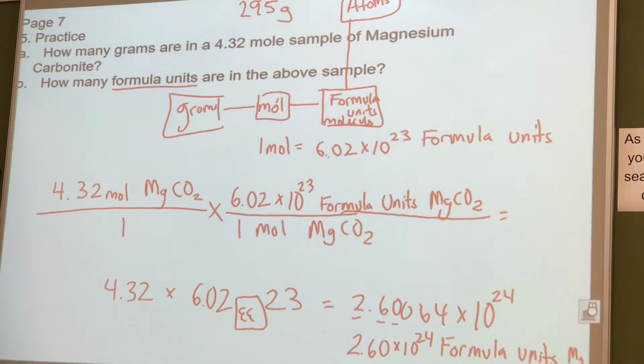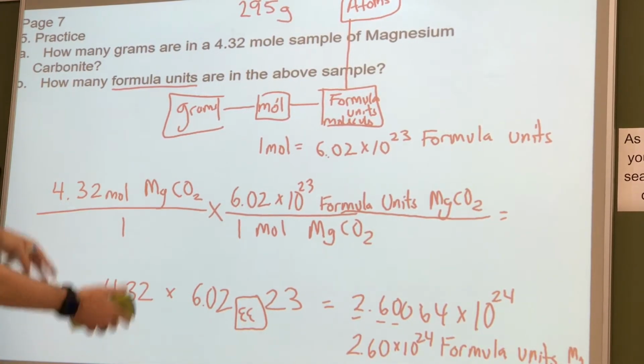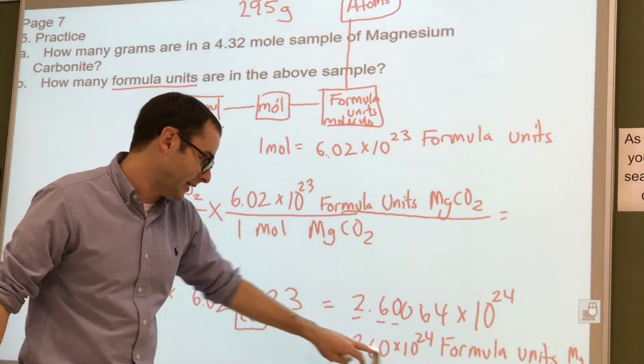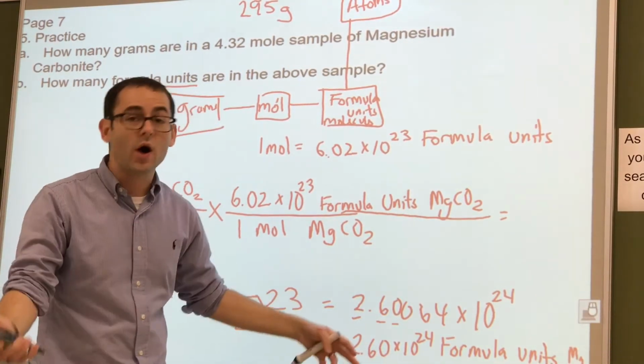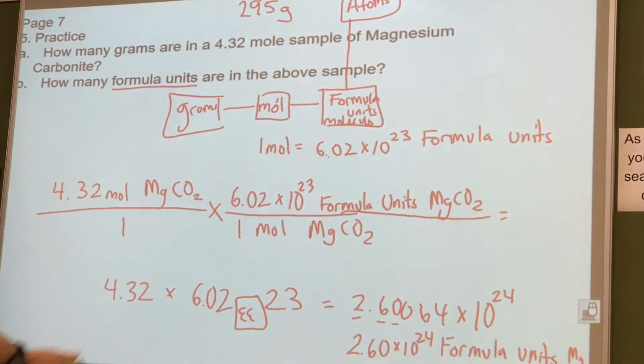Your answer may be slightly different just because of rounding though, okay? There's nothing wrong with that as long as you stick to the right number of sig figs. But just realize if you do something different, you may get a slightly different answer. And by slightly, it would be like maybe 2.61 or 2.59, something pretty close. But again, rounding makes a difference, okay? So you can do however you want.